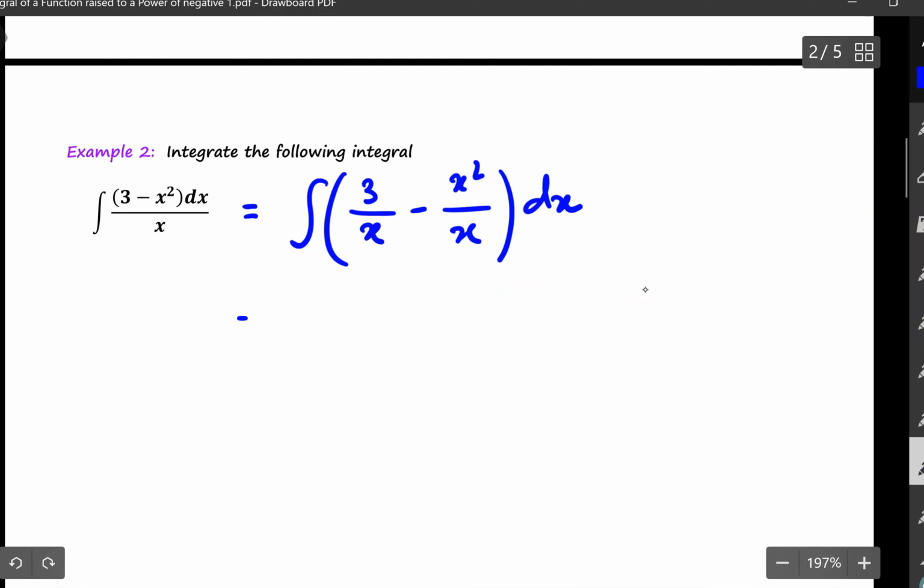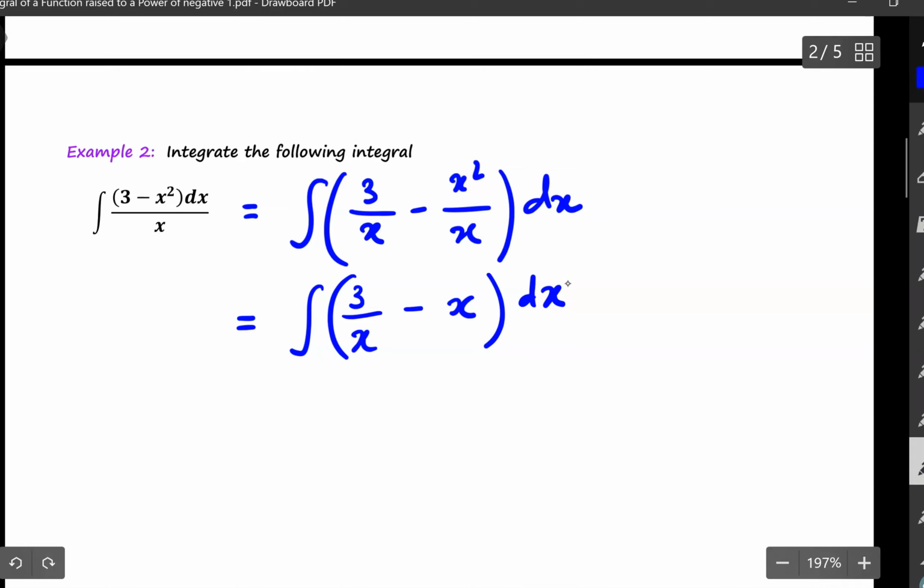Okay, so then I will have the integral of 3 over x, subtract x squared divided by x. You see, it turned into just x, because x squared divided by x is x, or you take 2 minus 1 here, it turned into x. So this is dx.